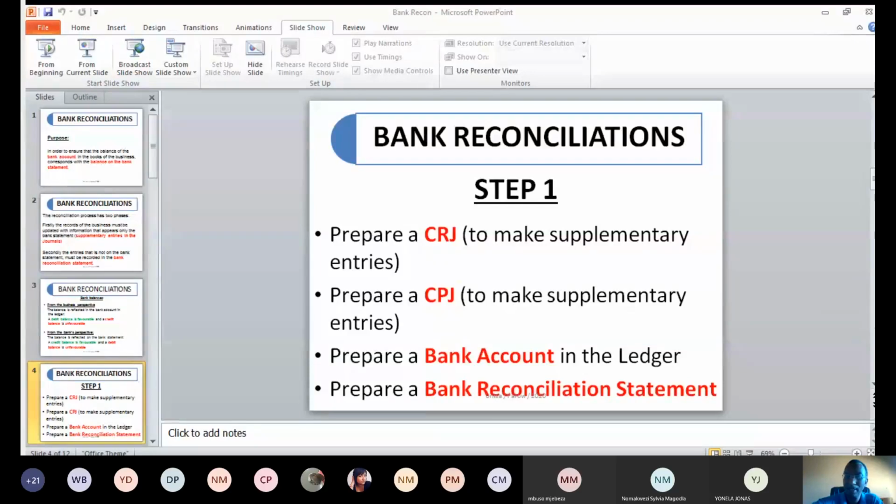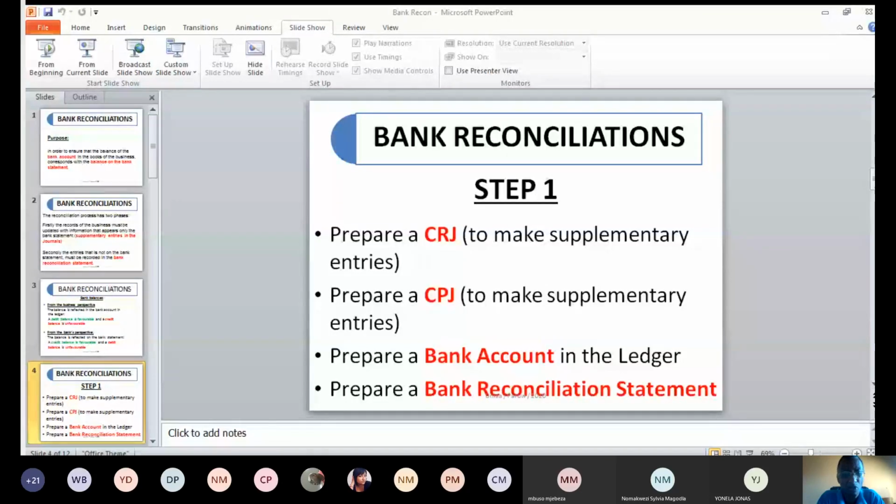Remember that balance can be a debit balance or a credit balance. Then you complete the bank account in the ledger. You take the amount from the cash receipts journal to the debit side of the bank account. And under your details, you write there, total receipts.